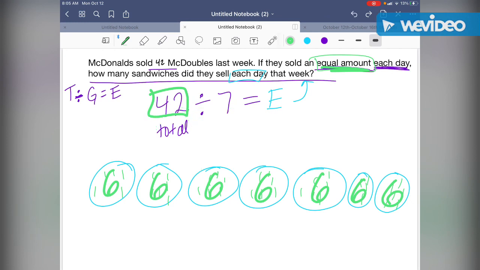So what is 42 divided by 7? How many's in each? 6. So how many sandwiches did they sell each day? 6 sandwiches, or 6 McDoubles sold each day.